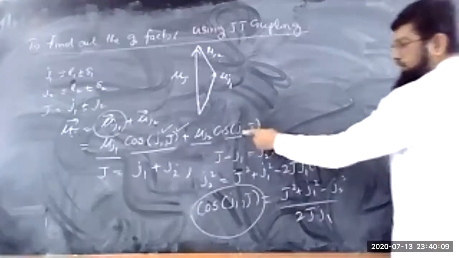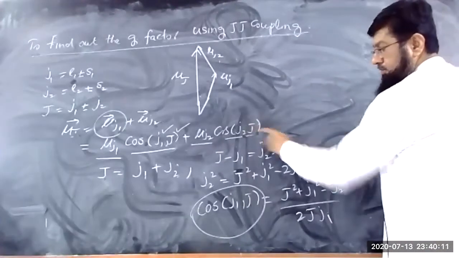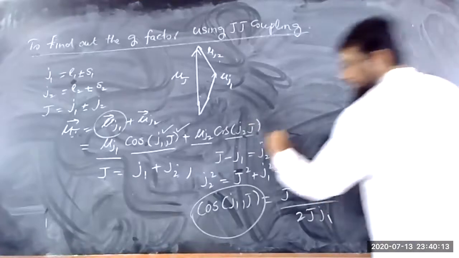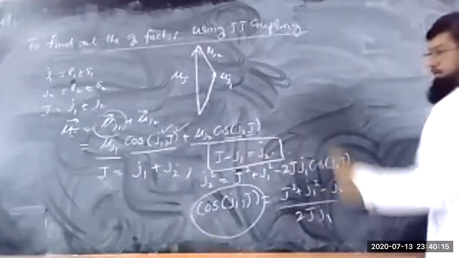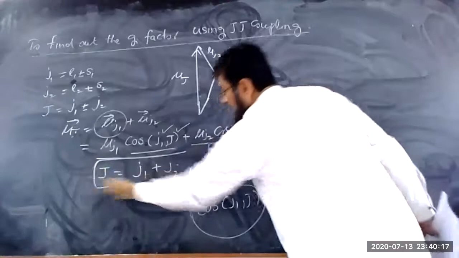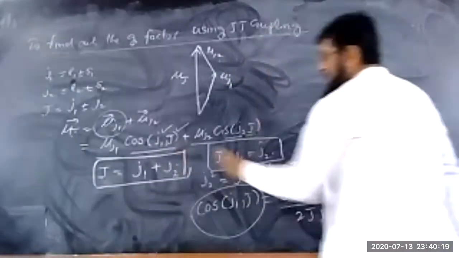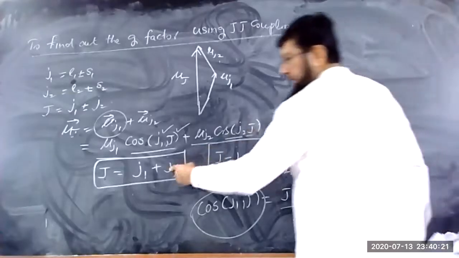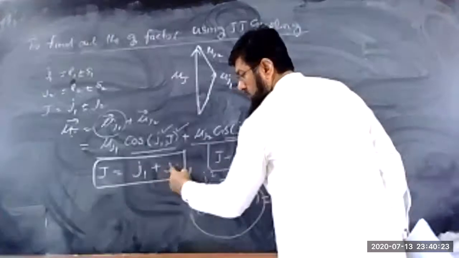Similarly, we have to find out the angle between j2 and j. So here, from the same equation, we have to find out the angle between j2 and j. So this can be placed over here.